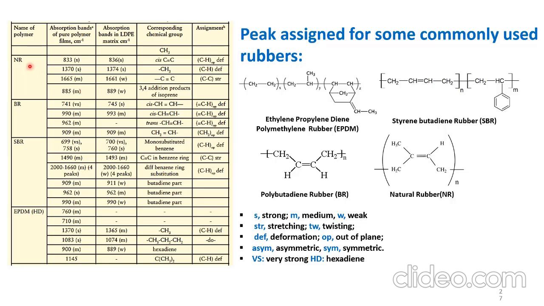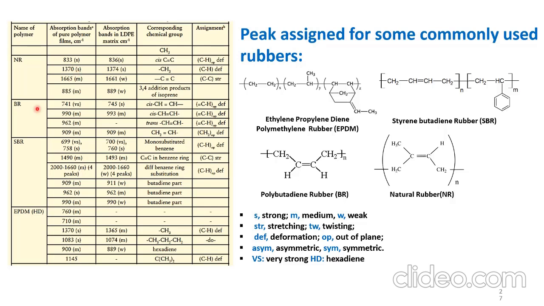So natural rubber shows peaks, so these are some of the peaks, so C=C, then CH3, C=C, and other additional products of isoprene. So these are some of the assignments which need to be assigned in a particular IR spectrum.